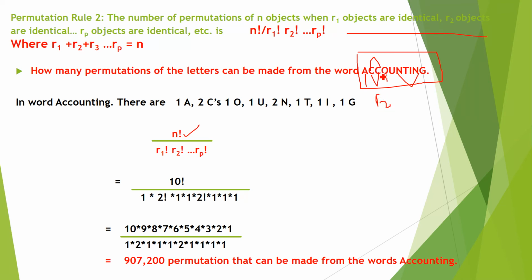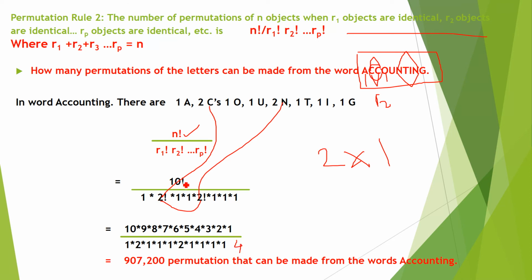Together it is r2, and 2 times. So 1 and 2 factorial, because c is 2 times and n is 2 times, all others are 1. So 2 factorial means 2 multiplied by 1, which is equal to 2. So 2 times 2 is 4. In the denominator we have 4.